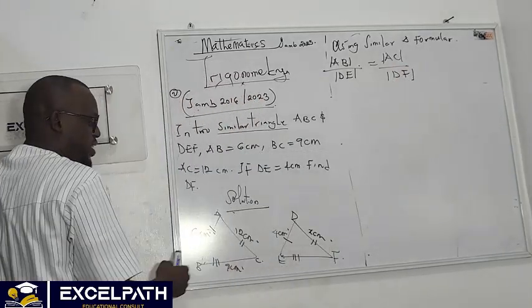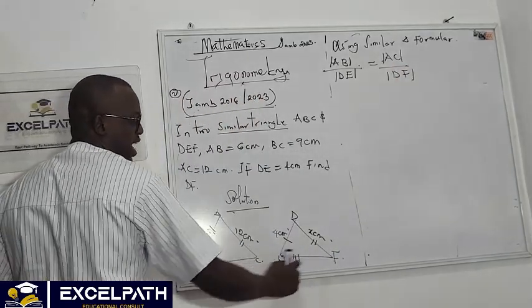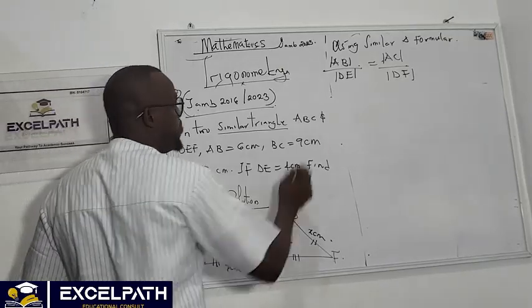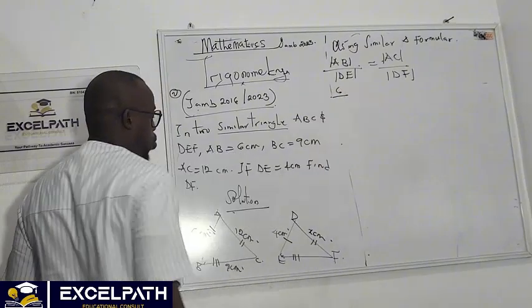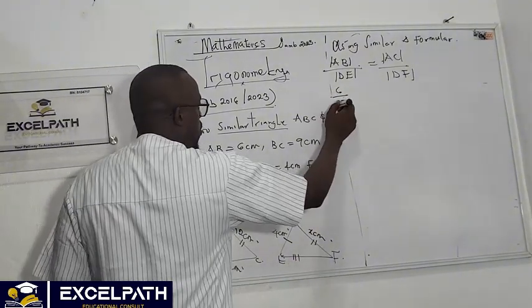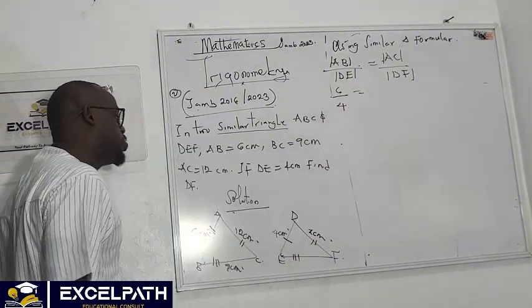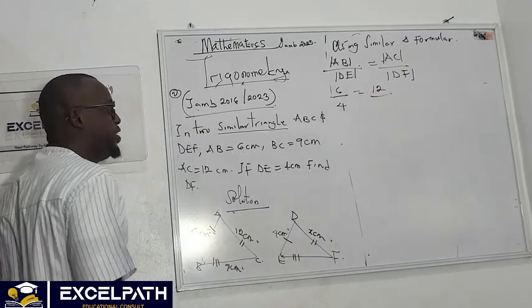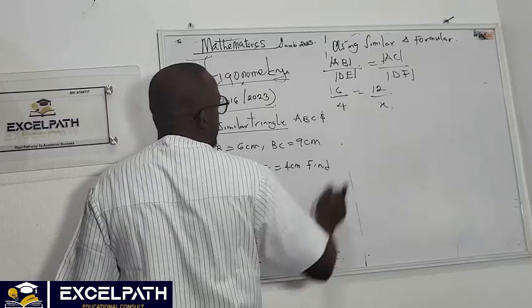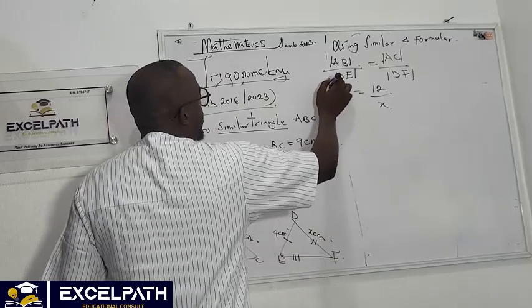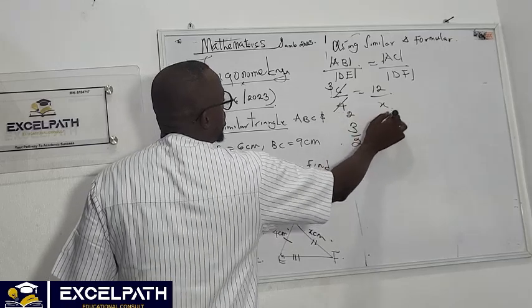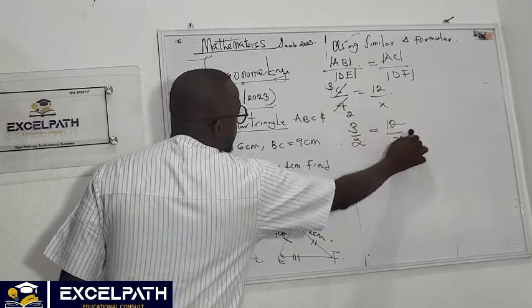We will not consider the other side because you are not asked to look for it. Line AB is 6, line DE is 4, line AC is 12, line DF is x. Dividing by 2, that's 3 over 2 equals 12 over x.